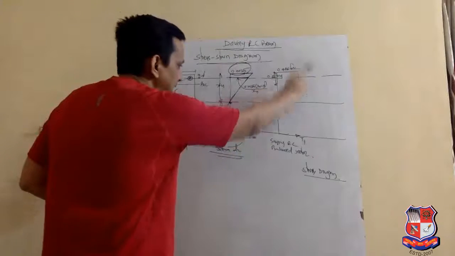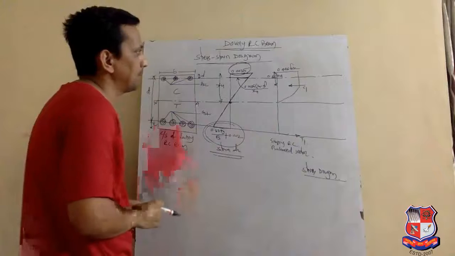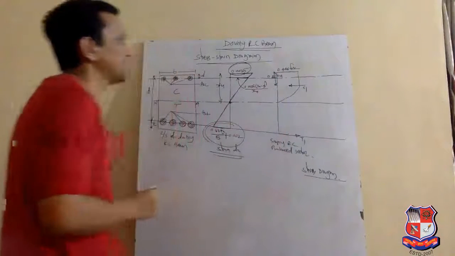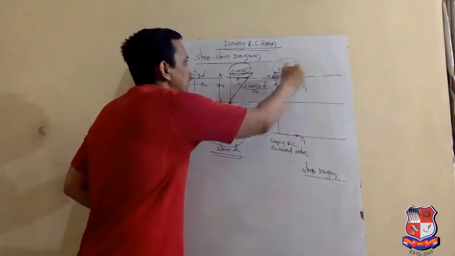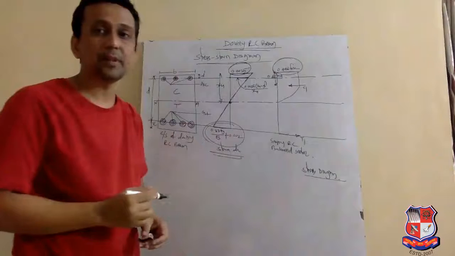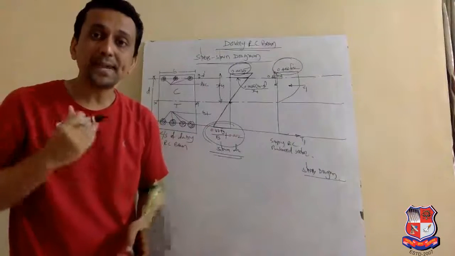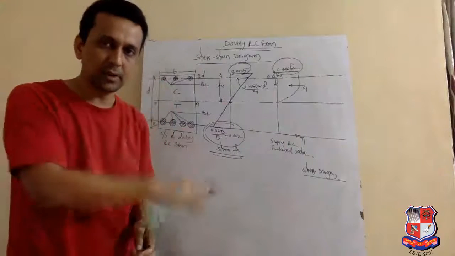Now, when we see the singly reinforced balanced section's stress diagram, first 0.446 fck comes into the picture. What is this 0.446 fck value? 0.446 fck is the maximum compressive stress in concrete.